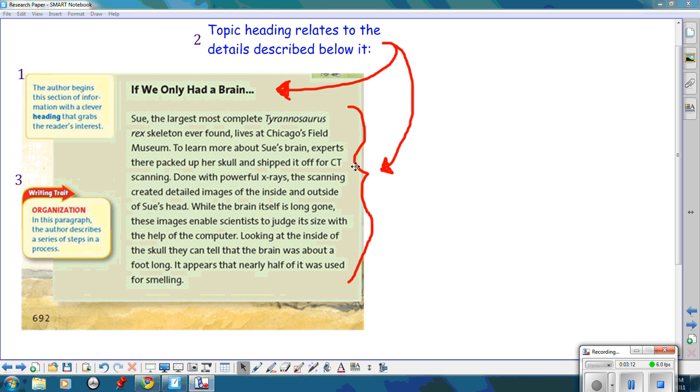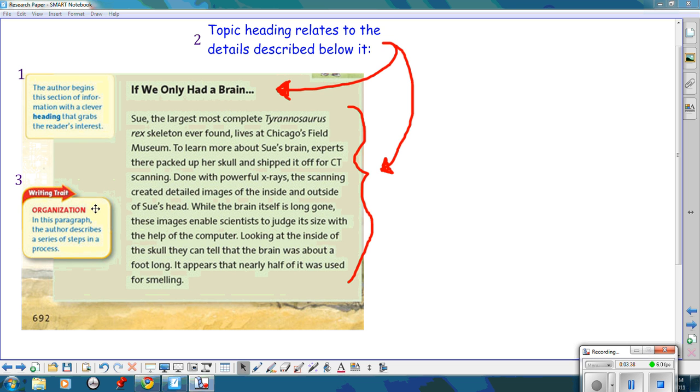So it's talking about how the researchers learned more about Sue's brain based on some of the things that they did. This whole paragraph is all about the brain research that they did on Sue, looking at the skeleton, looking at the remains of Tyrannosaurus rex Sue, to determine more about the brain that Sue might have had inside of her head.